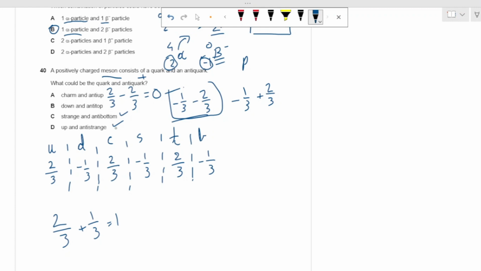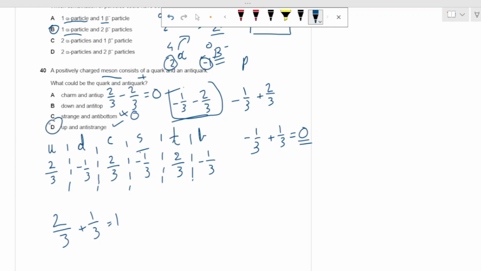But we are now confused about the strange and the anti-bottom. Actually, oh yes, strange is minus 1 by 3. They said anti-bottom, so anti-bottom would actually be plus 1 by 3. Alright, so it would again give a configuration of 0. 0 again is not what we are looking for because it's giving us a 0 charge. That's not what we want. We want a positive charge.